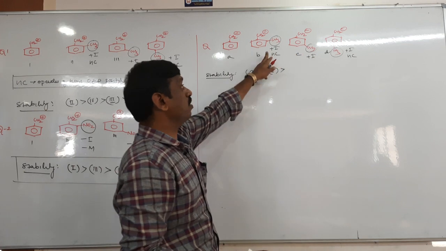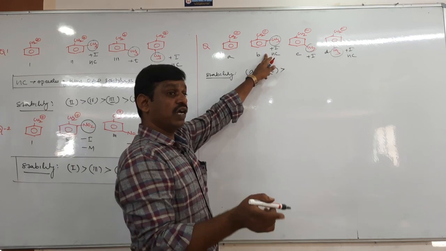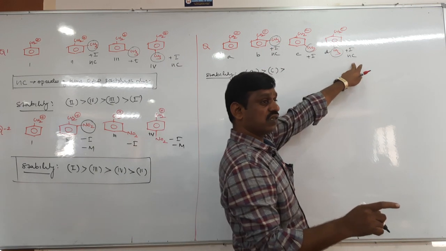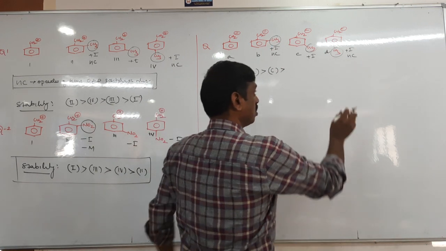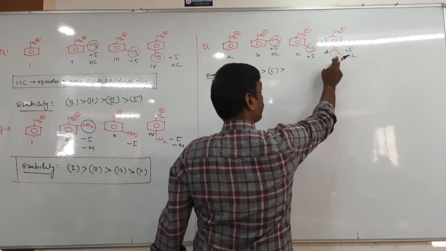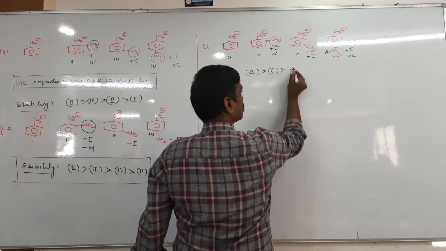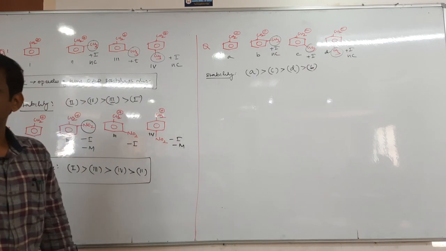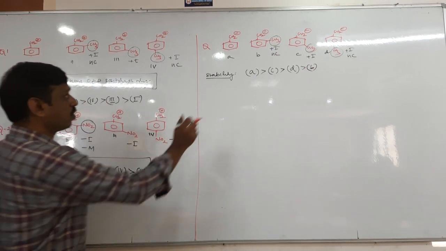Here electron releasing because of plus I is more, right? Here plus I is less, distance is more. That's why electron releasing in D is less compared to B. So then D, next is B. Okay, next one more.